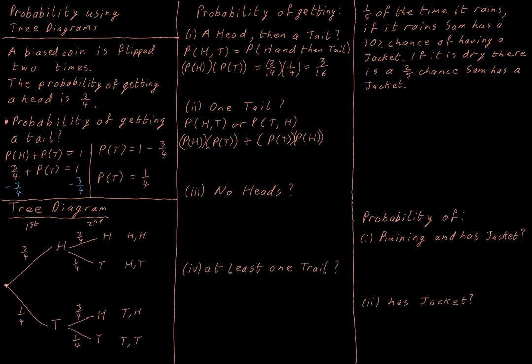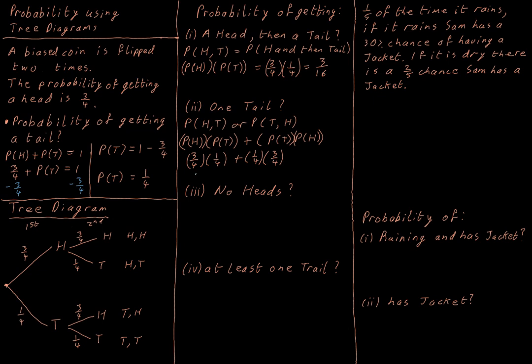There's lots of brackets going on, but we can tell ourselves the story of each little piece. So that's going to be probability of getting a head is 3/4 times probability of getting a tail is 1/4 plus probability of 1/4 for the tail times the probability of 3/4 for the head.